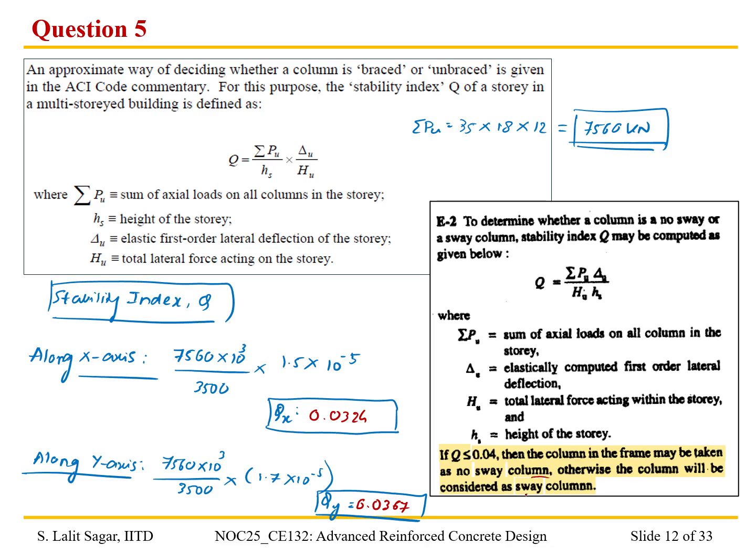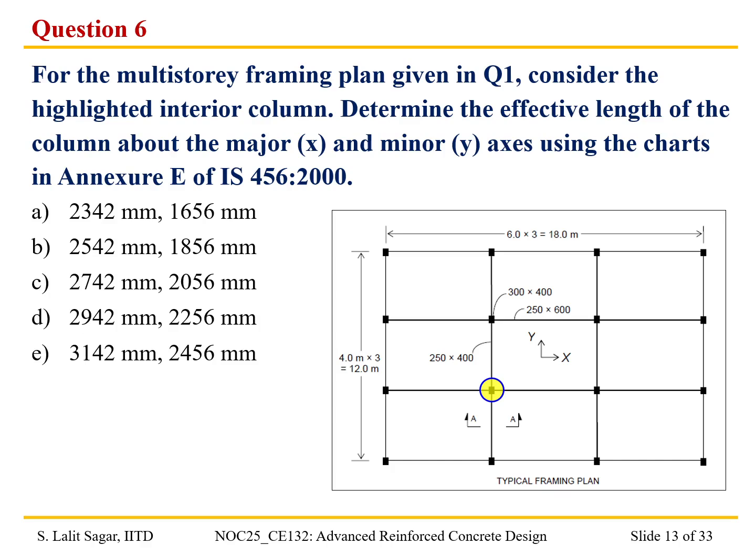Otherwise, the column will be taken as a sway column. Since the stability index along both the x-axis and the y-axis is less than 0.04, the column can be taken as a non-sway column. Let us proceed to the next question.